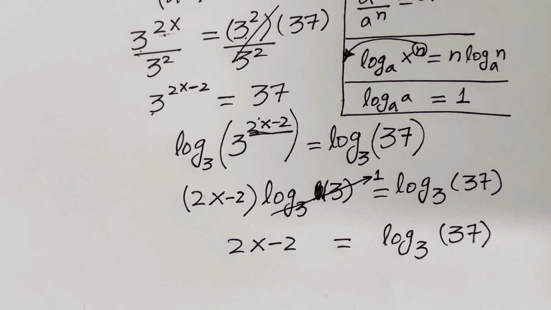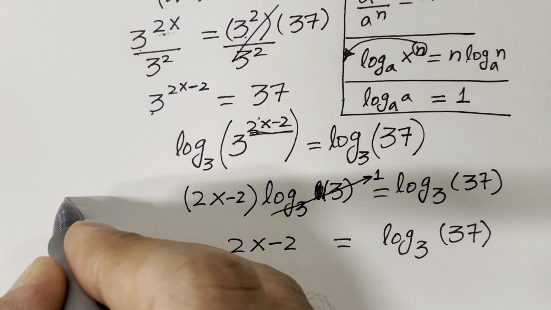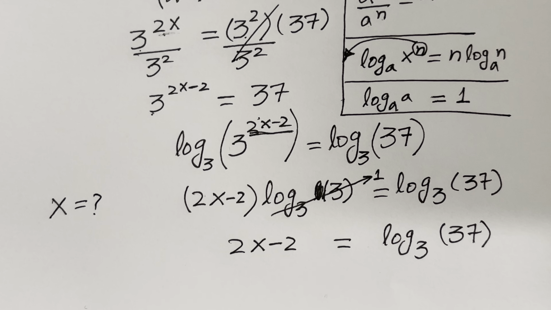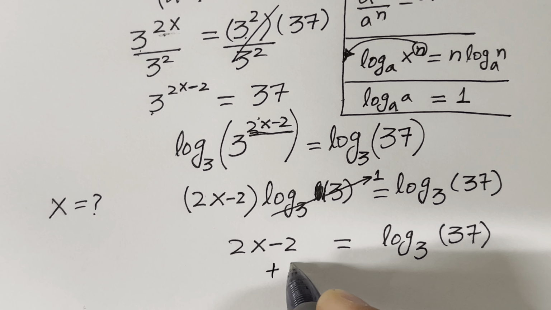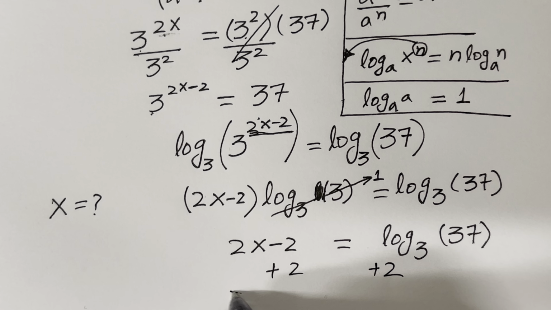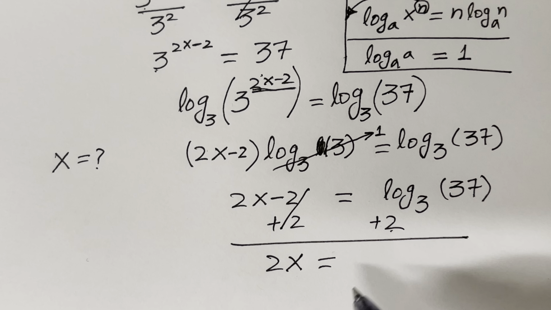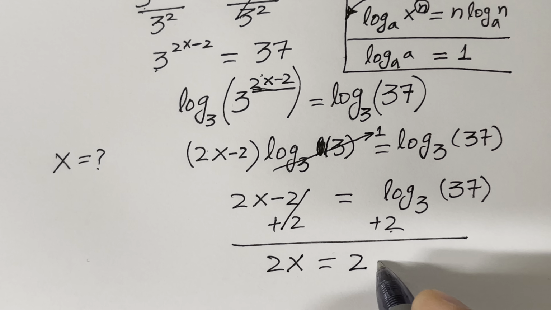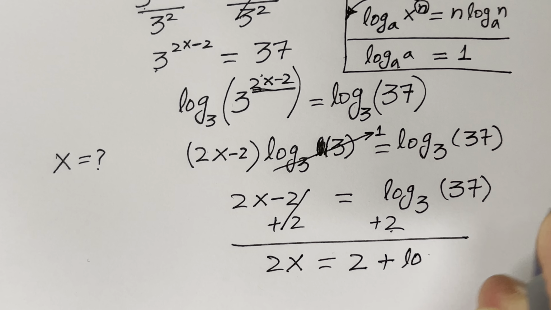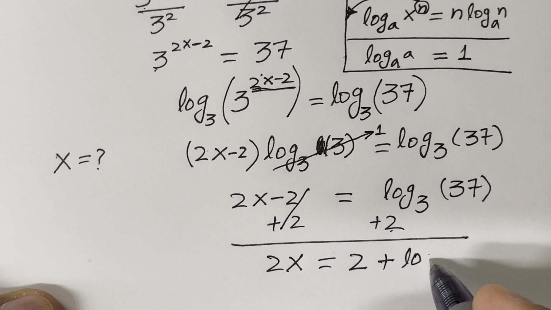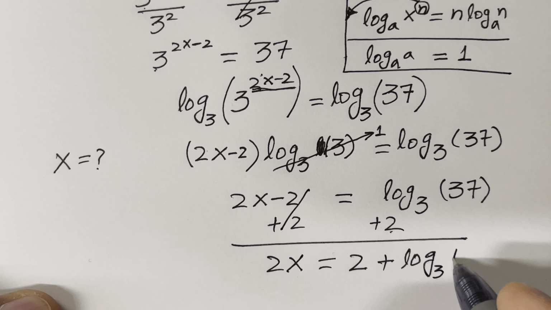We want to find the value of x, so we will isolate x. Let's add 2 on both sides. Then you have 2x is equal to 2 plus log base 3 of 37, since 2 and the log are two different things, so you cannot add them.